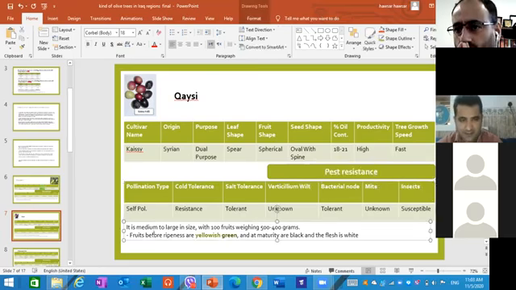And it is medium to large in size, with 10 fruits weighing 400 to 500 grams. About colors, before ripeness it is yellowish green, and after maturity it can be black, and also the flesh is white.